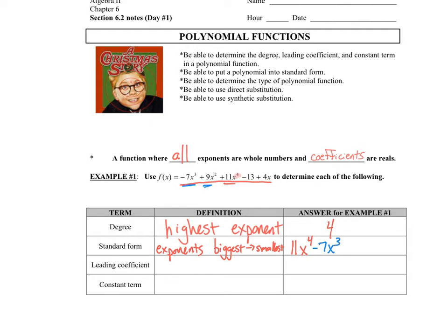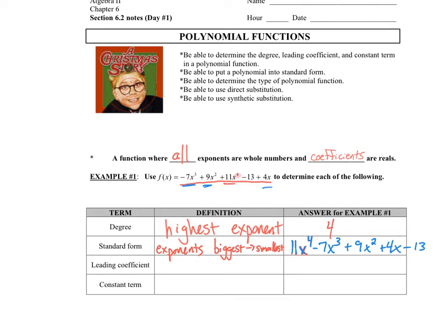And then the next biggest is 9x squared. And then 4x. And then minus 13. So 11x to the fourth minus 7x to the third plus 9x squared plus 4x minus 13. Notice the exponents go from 4 to 3 to 2 to 1 to no variable.